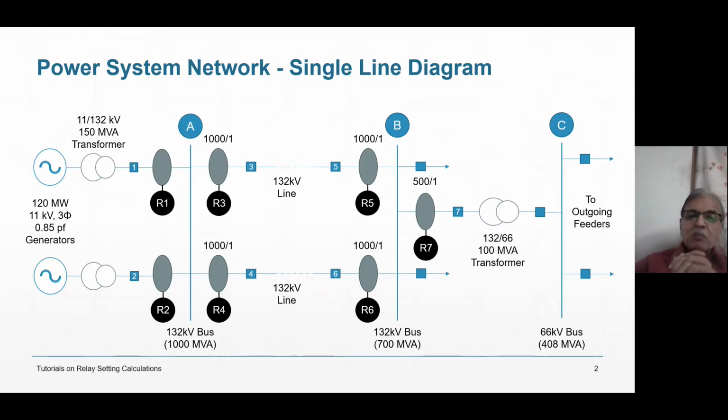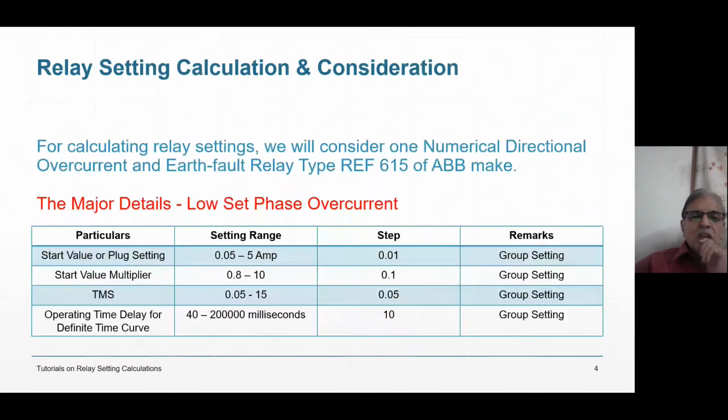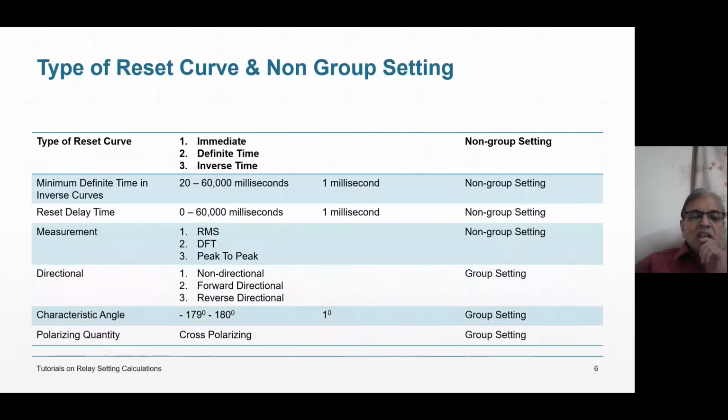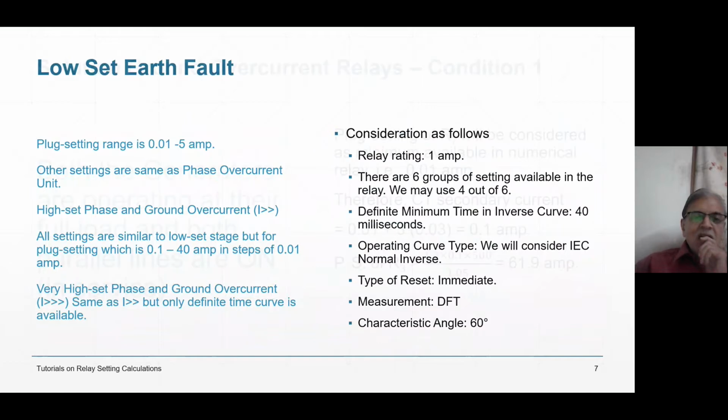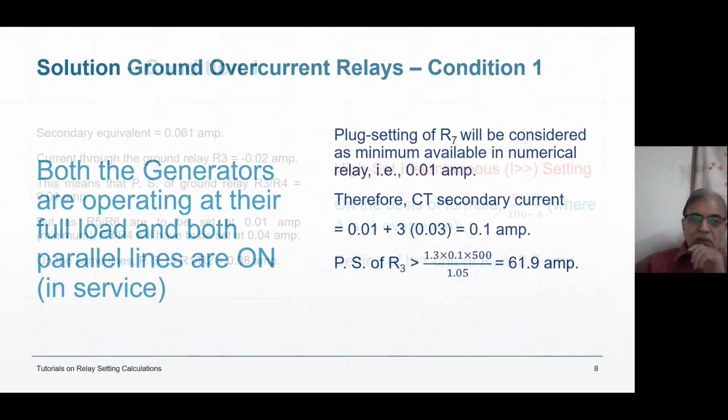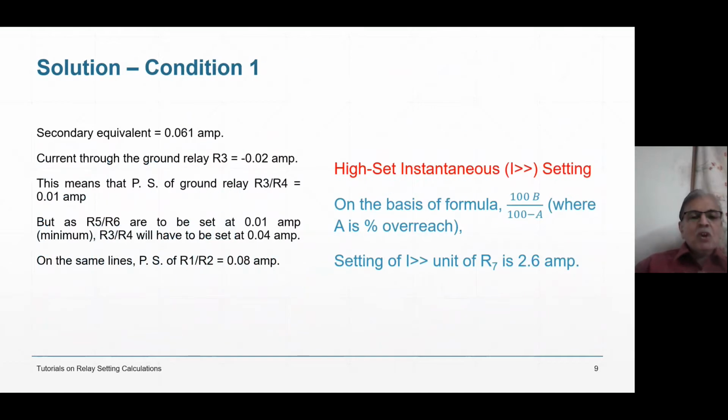So if R3 is 0.15, then R6 is less than 0.05, which is not available. Therefore, I will have to select R5, R6 at 0.01. R5, R6 I have to set at 0.01. But R3, R4 I cannot set at 0.01.